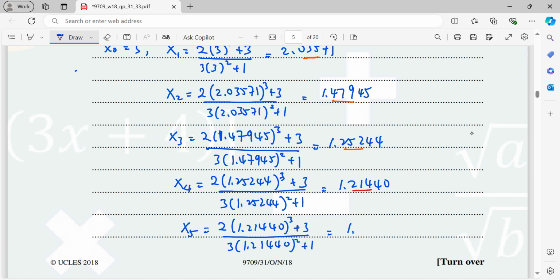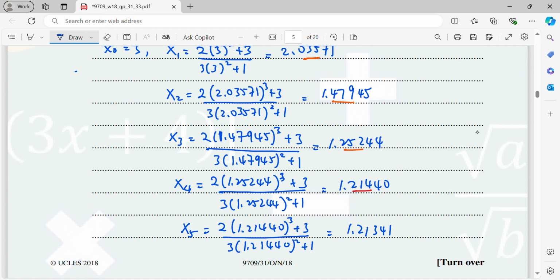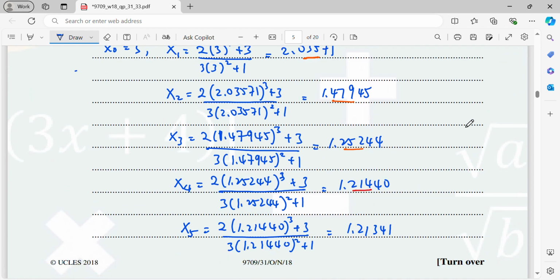Then this is 1.21341. Now it is different, so I need to calculate x6. Then I will continue over here, my x6.